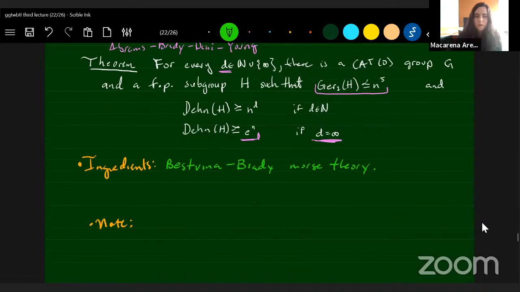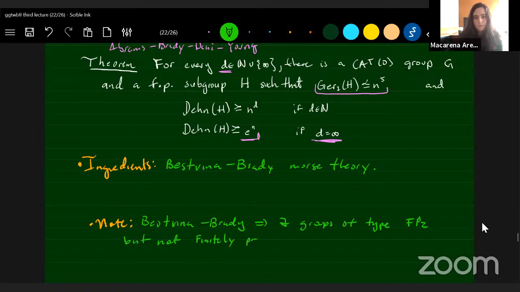Something to note here is that it also follows from Bestvina-Brady-Morse theory that there are groups that are of type FP2, but that are not finitely presented. I didn't define what FP2 means. These are homological versions of the finiteness properties we discussed. So you can think of this as meaning homologically finitely presented.